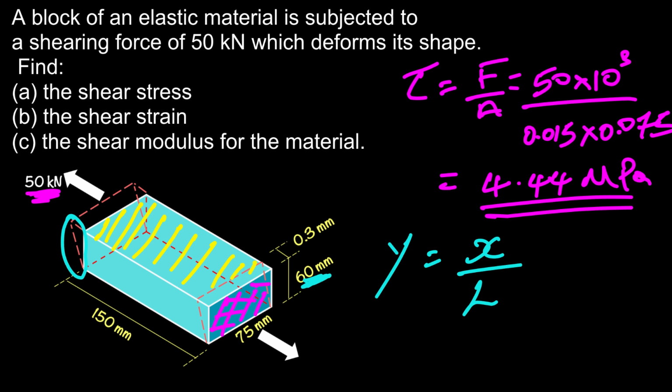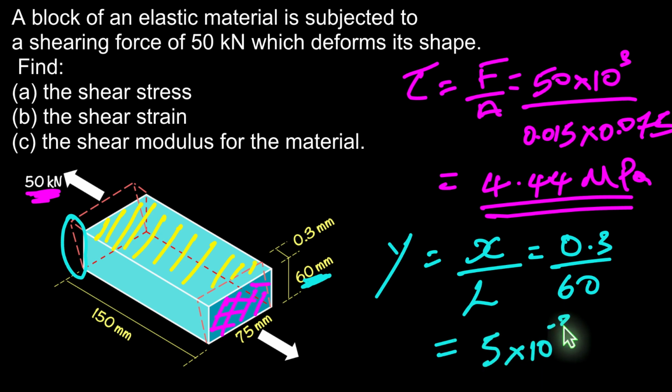So what we would end up doing here now is to divide our change in length, which is our 0.3, by the initial length that we have, which is our 60. And that's going to give us a strain of 5 times 10 to the power of negative 3, or 0.005. And strain is dimensionless. If you notice here, I did not change the units, and that's because it doesn't really matter for strain.